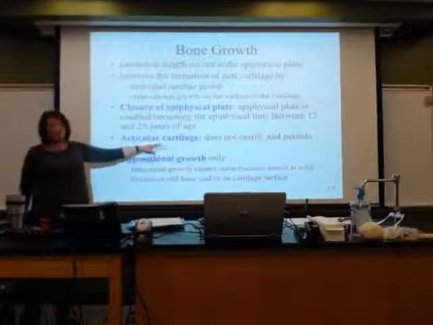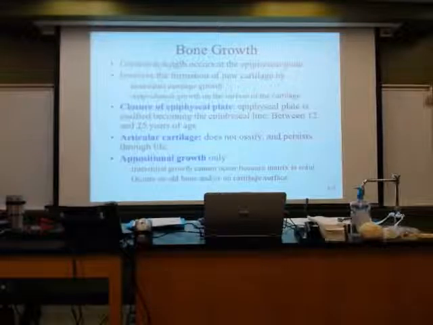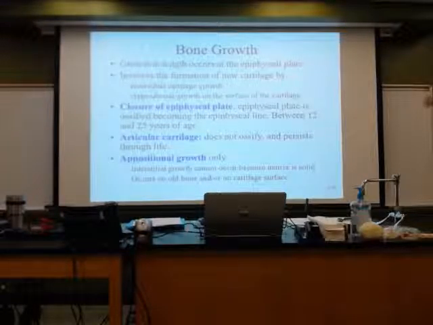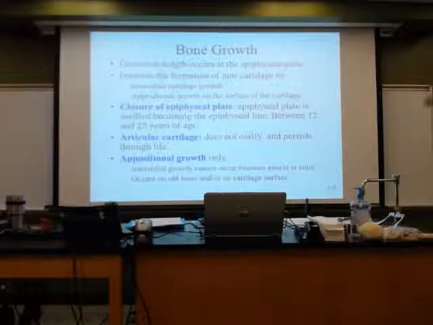Now, there is a cartilage in our body that we need to take notice of because it's found at the ends of long bones. It's a cartilage that what you have at birth, what you get is what you got. Even though it's found on the ends of the long bones, it doesn't ossify. It stays present.